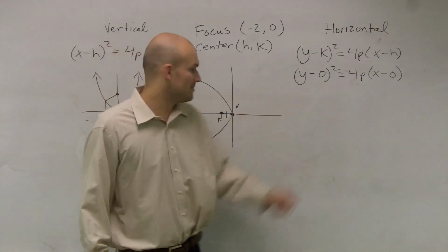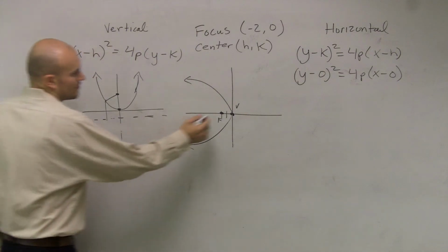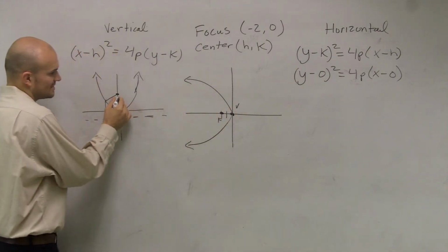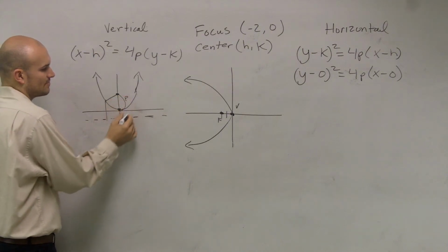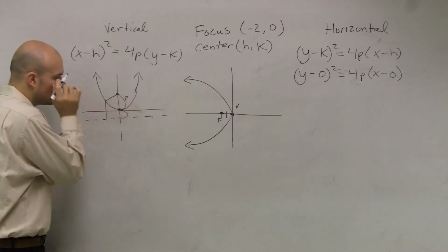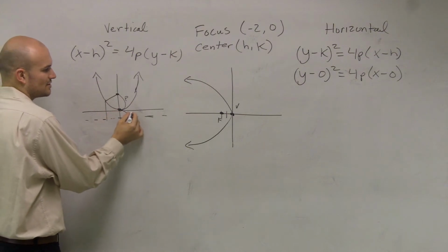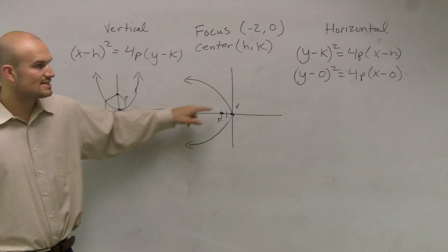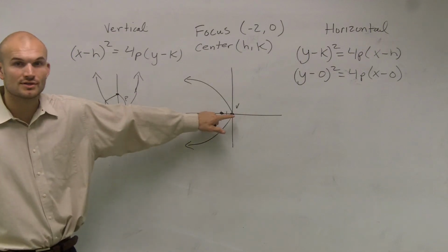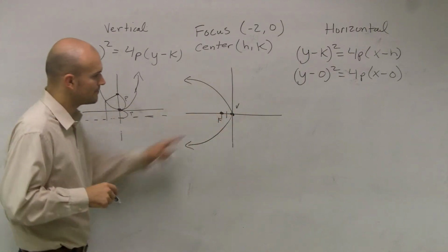Now, remember, the distance from your vertex to your focus is p, and the distance from your vertex to your directrix is also p. So I need to determine what exactly my distance is.